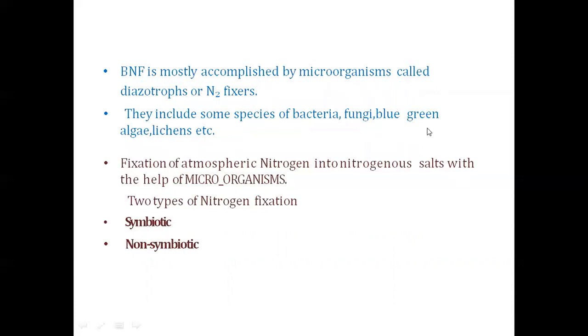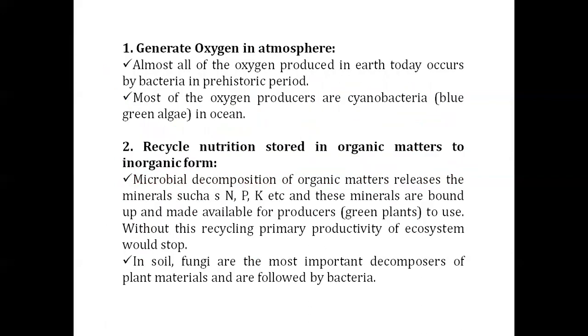It is mostly accomplished by microorganisms called diazotrophs or nitrogen fixers. They include some species of bacteria, fungi, blue-green algae, and lichens, and they fix the atmospheric nitrogen into nitrogenous salts with the help of microorganisms. That is further divided into two types: symbiotic and non-symbiotic.